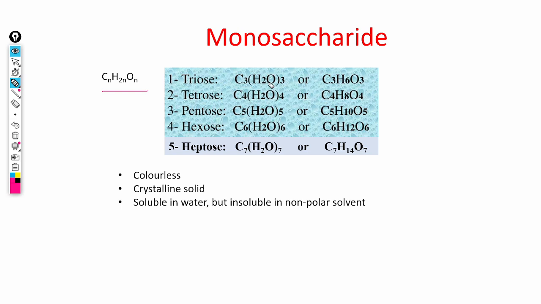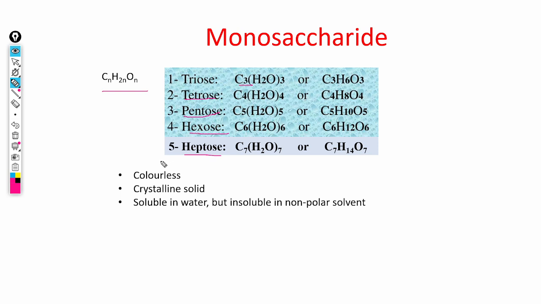If the minimum is C3, then C3H6O3. It is called the triose because of the presence of 3 carbons. If the carbon amount is 4, it is called tetrose. If it is 5, pentose, then hexose. If it is 7, it is called heptose.